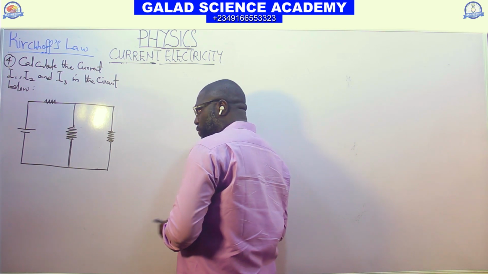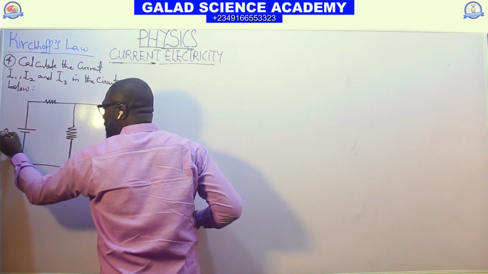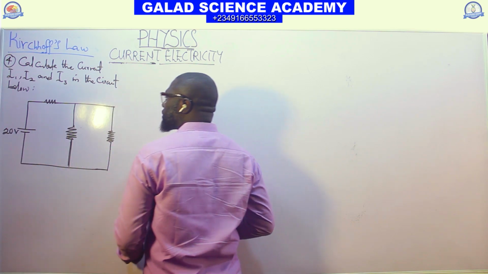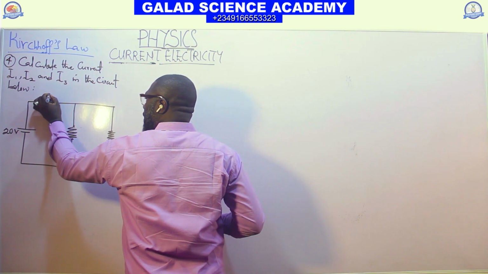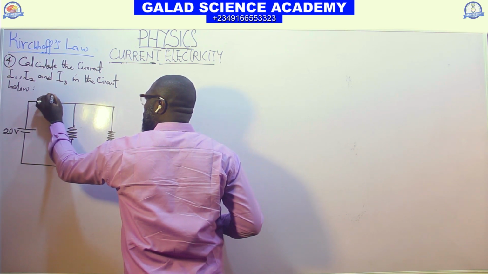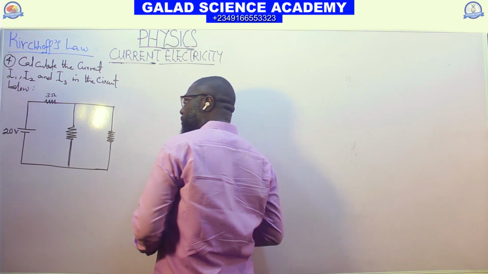So let me call this place. We have a 20-volt battery. The resistor here, let's call it 3 ohms.